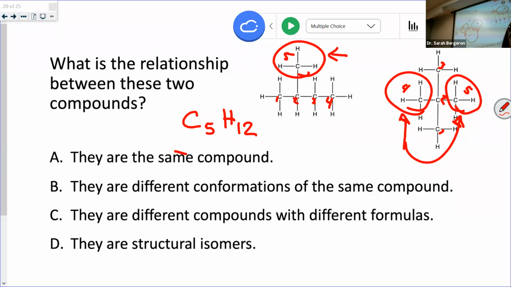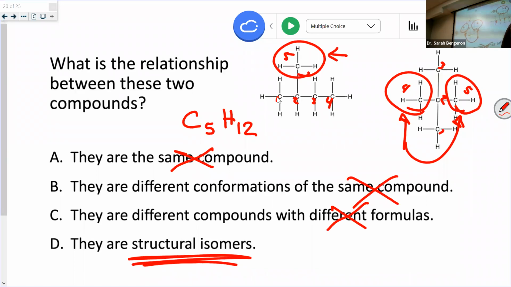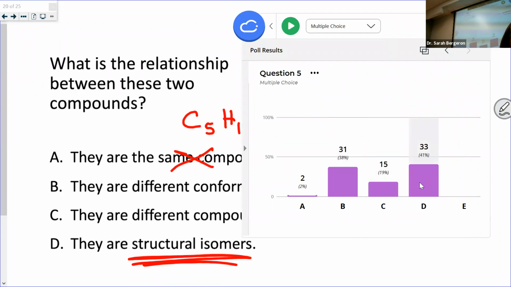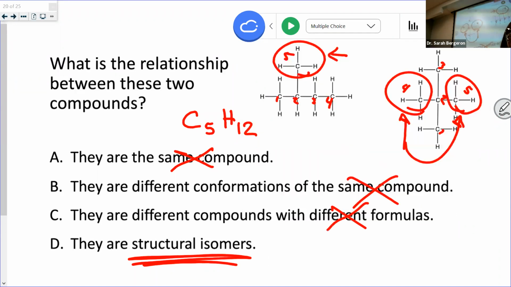So they can't be the same compound. They are different conformations of the same compound? Well, I just said they can't be the same compound, right? So they are different compounds with the same formulas. We just wrote the formulas. Are the formulas different? Nope. So they must be what? Structural isomers. So they are structural isomers. Okay.